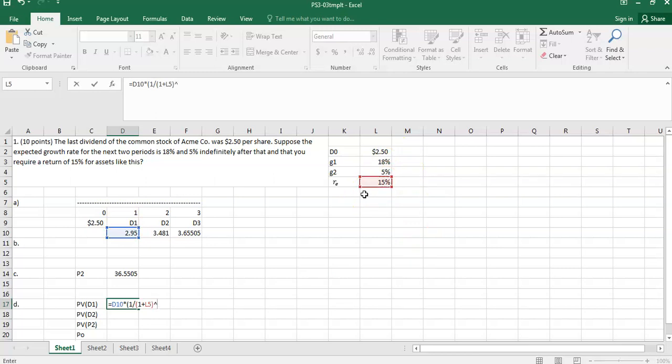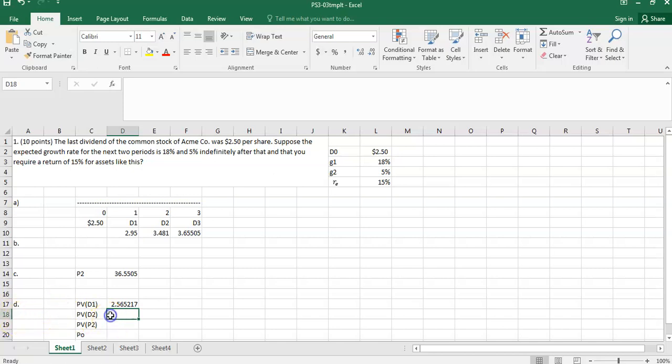I'm going to raise that to the power of 1, right? Because I'm only discounting this back 1 term. And so doing that, you find the present value of that dividend. Again, if you're doing this by hand or even with your financial calculator, you're getting slightly different answers because of the rounding that's occurring. Excel is holding on to fractions of a penny here.